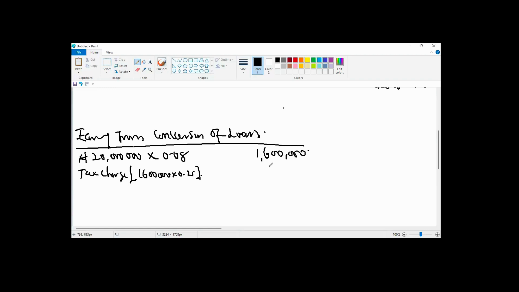So we have 400,000. 1.6 minus 400,000 is 1.2 million.